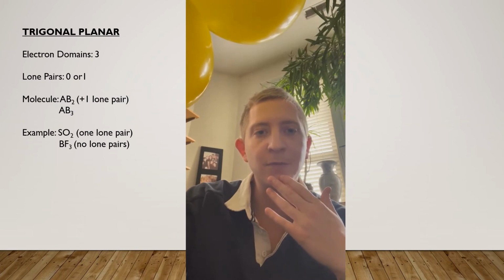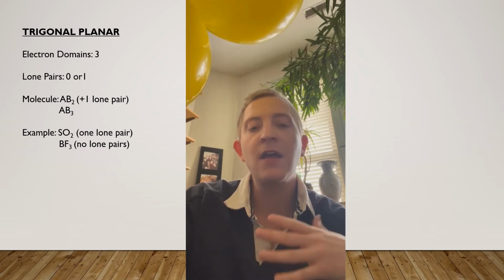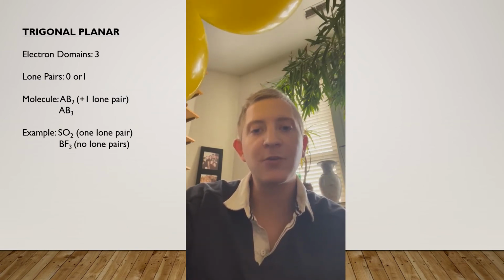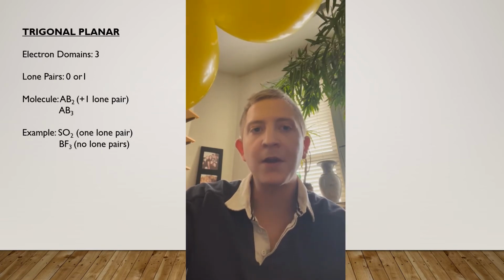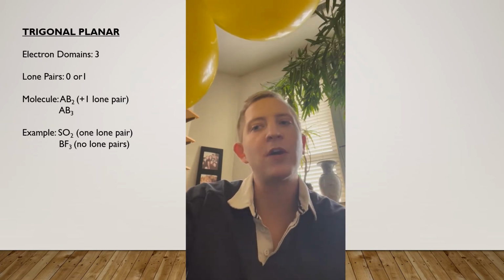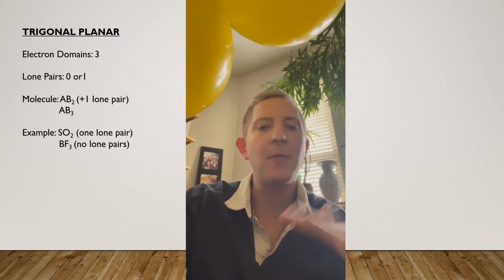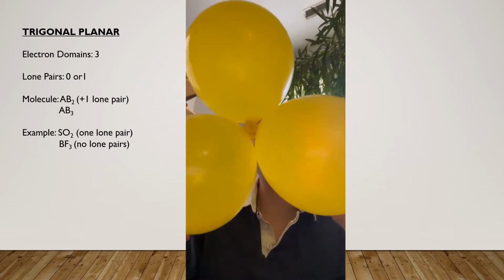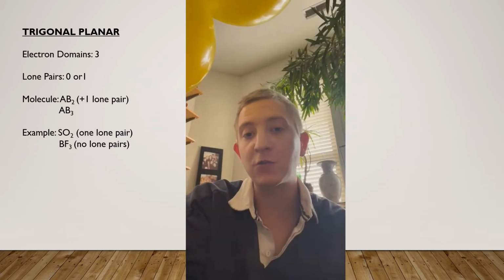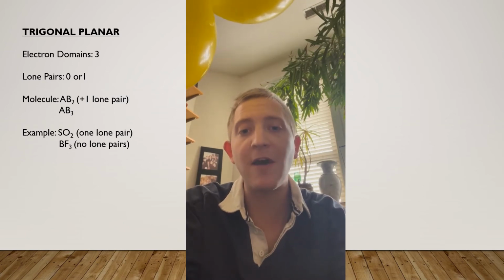So examples of those would be sulfur dioxide, which is a trigonal planar geometry that has a lone pair, or boron trifluoride, which has all electron domains on this structure represented by actual atoms of a specific kind of element.